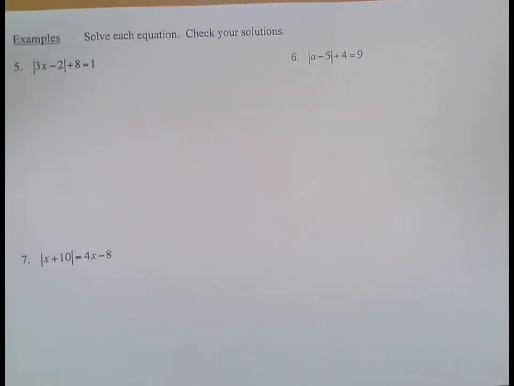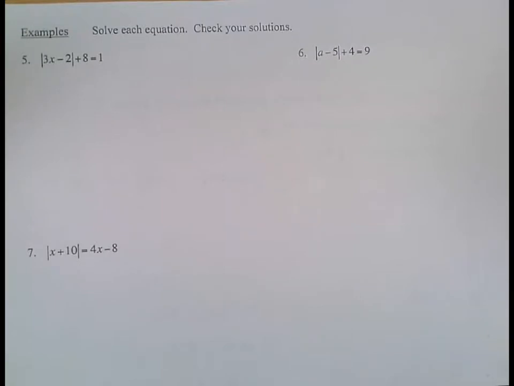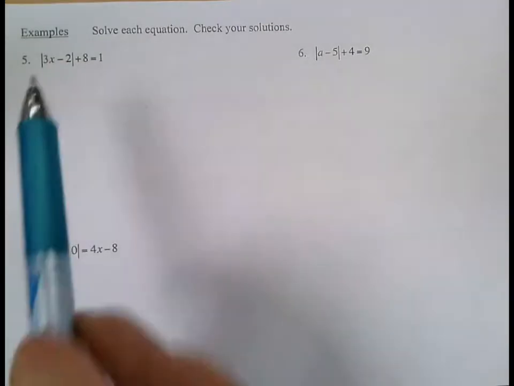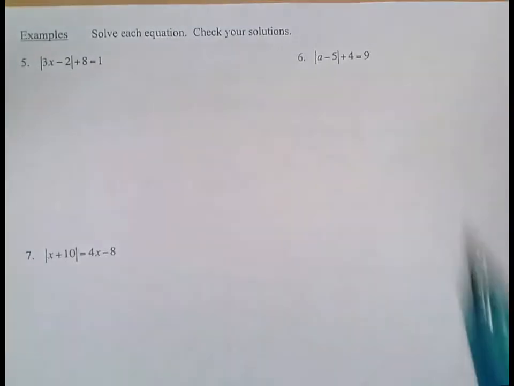Examples 5 and 6 are similar with how they are set up, different in terms of what their solutions look like. For both examples 5 and 6, notice the absolute value expression is not by itself. There's something else on the same side of the equal sign with that expression.